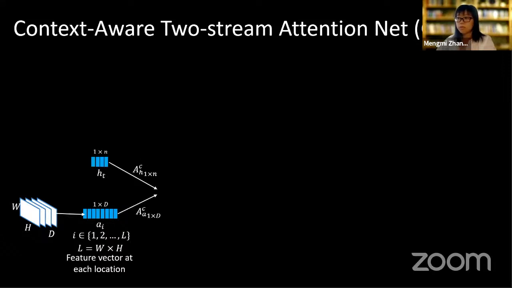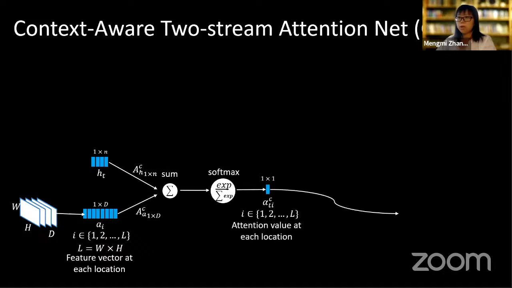The attention module then takes as inputs the features at each location and the output of the hidden state of the LSTM module, and outputs an attention value at each spatial location. Then we can use softmax to normalize these attention values over all the spatial locations and output an attention map.